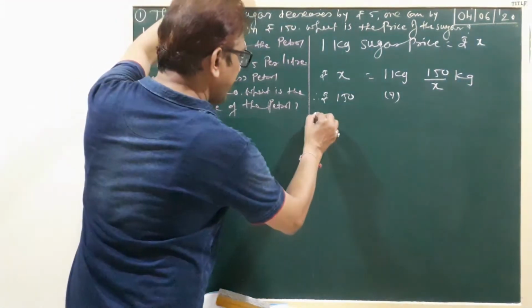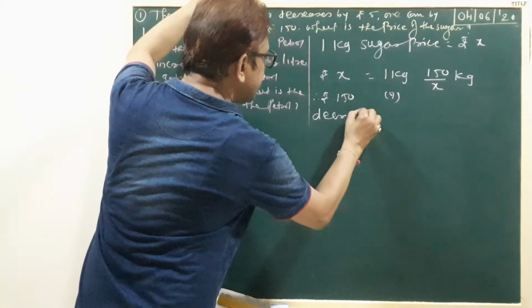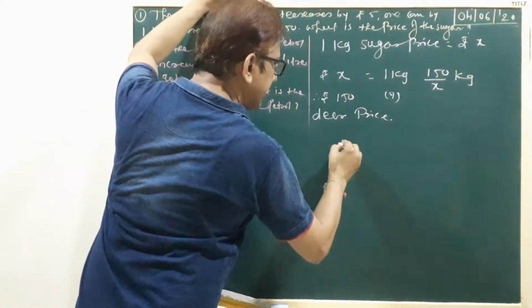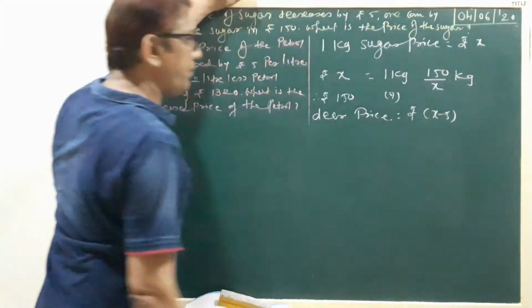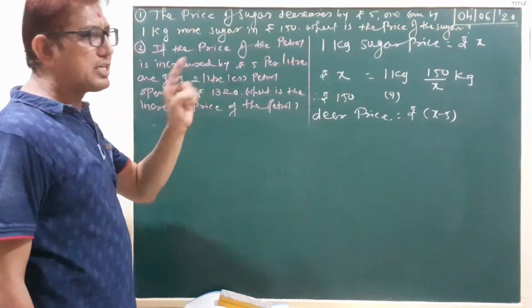Now the new, decreased price is rupees X minus 5, since the price of sugar decreased by 5 rupees.